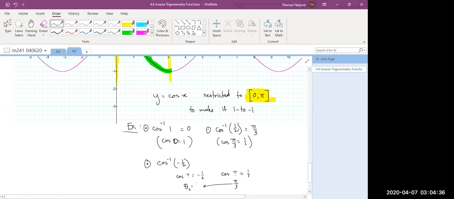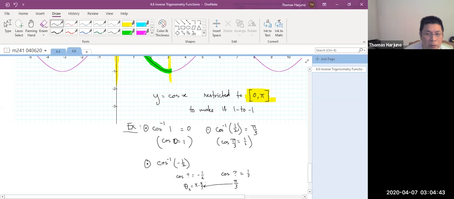Quadrant 2. Pi minus pi over 3. That's 2 pi over 3. One way to help you, you can think of it this way: cosine inverse of a negative value equals pi minus cosine inverse of the positive value.